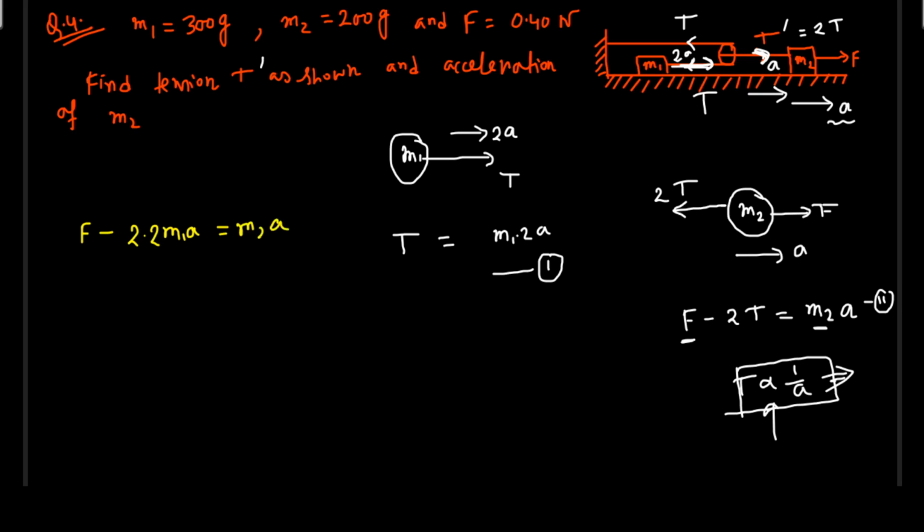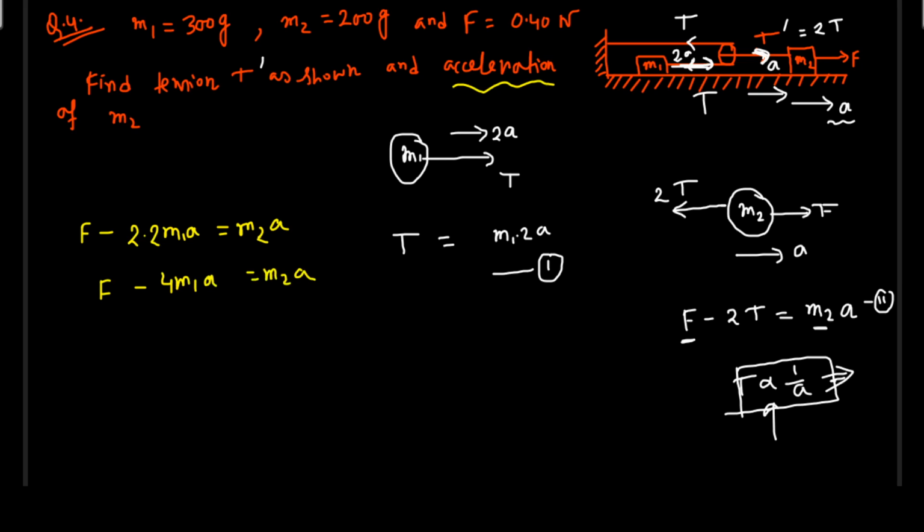What we have to find out first is the acceleration A of mass m2. So this is m2a. Let me further solve it. F minus 4m1a is equal to m2a.